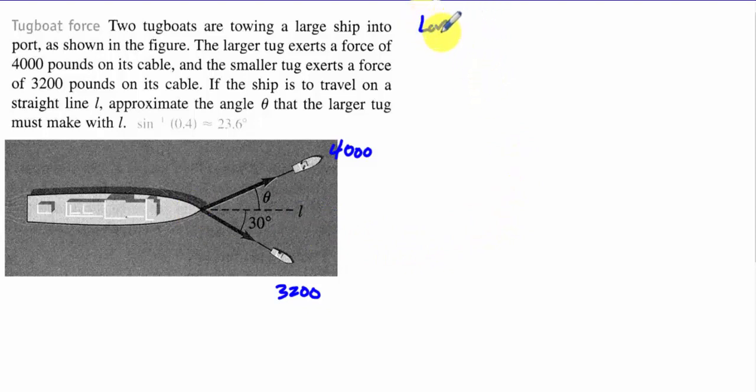Let's go large and small for the tugboats. And the result will be here. Now I'm going to do all this in rectangular form, so I'll convert everything that I can. We know our resultant will be at some x value, which I don't know, but we know will be at 0 degrees.